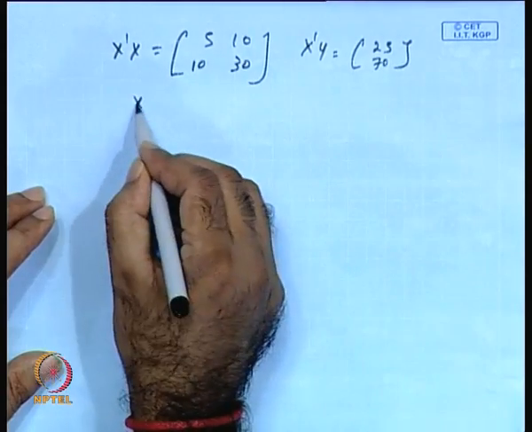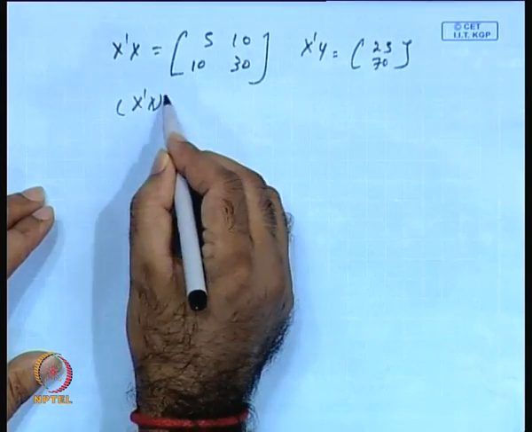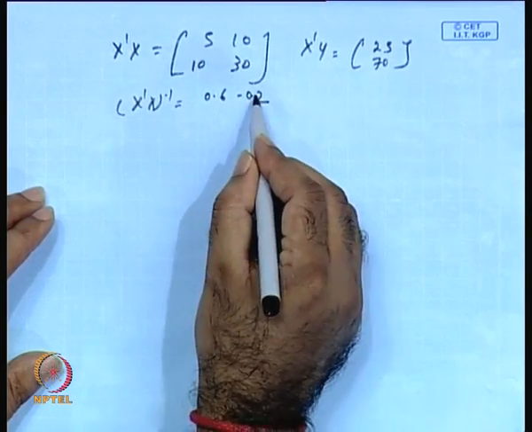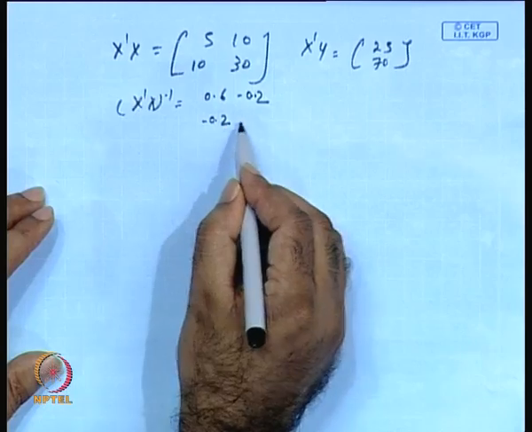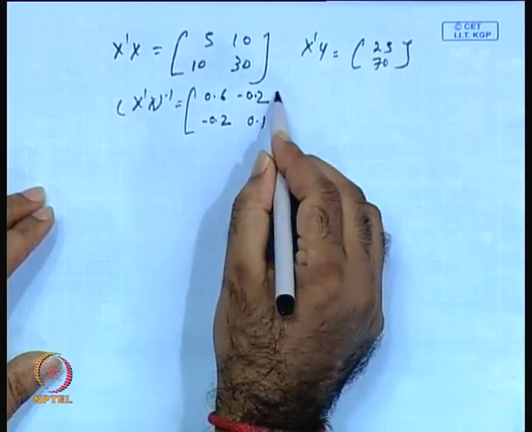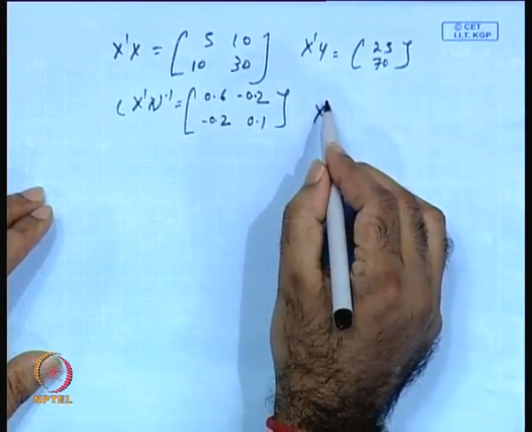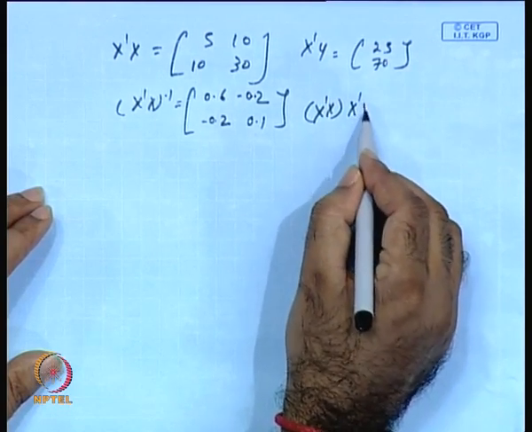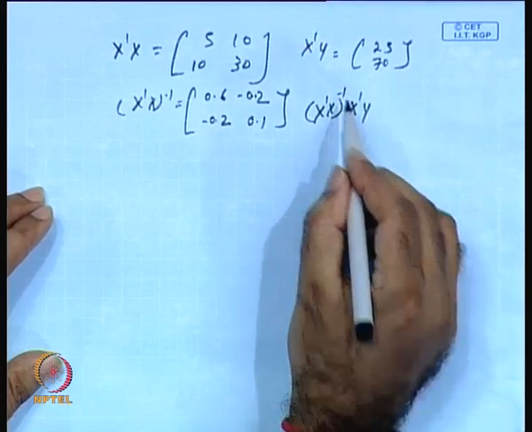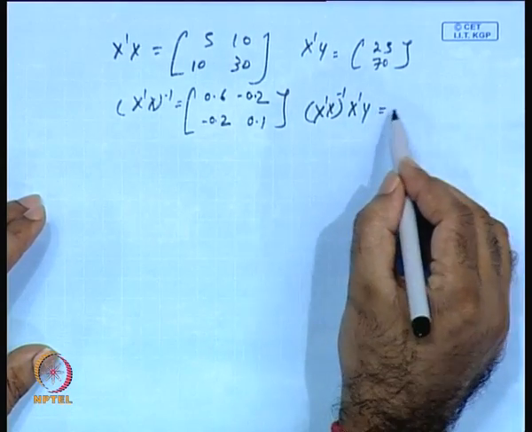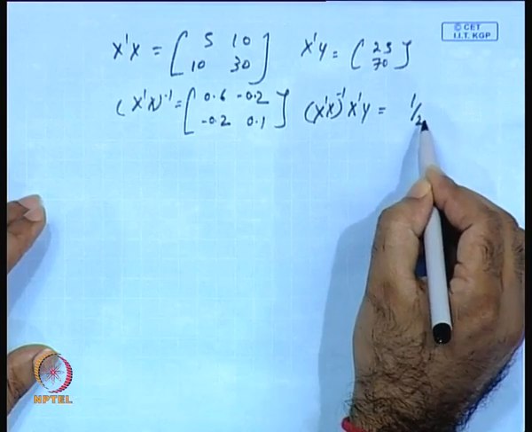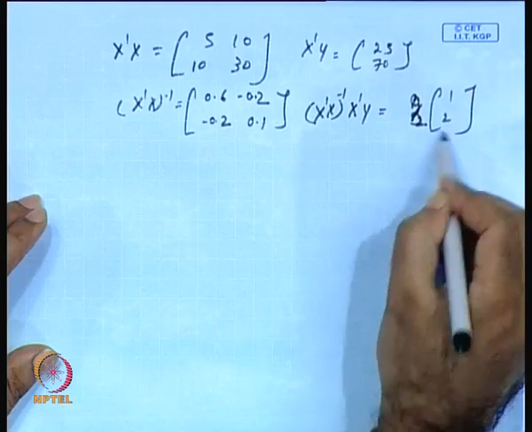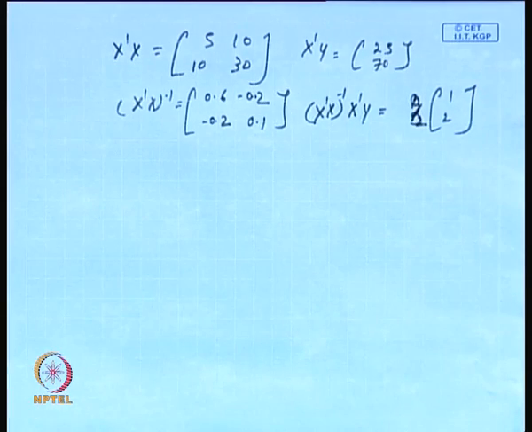Then x transpose x inverse is equal to 0.6 minus 0.2, then minus 0.2 0.1. Then x transpose x inverse into x transpose y is coming 1 and 2.